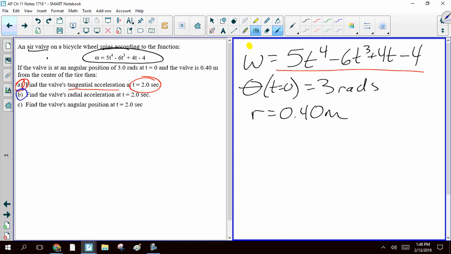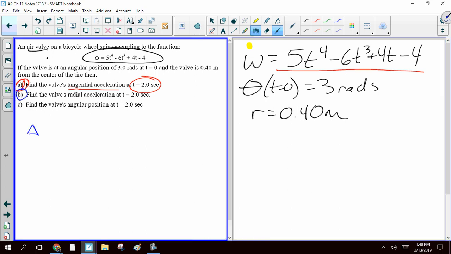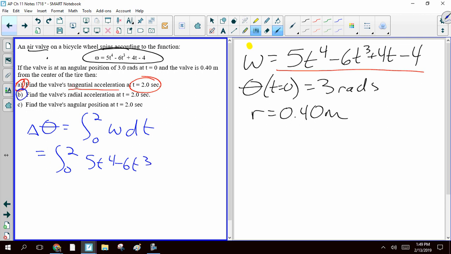Let's find the change in angular position during the 2 seconds. So change in angular position is the integral from 0 to 2 of our angular velocity with respect to time. So that's the integral from 0 to 2 of 5t to the 4th minus 6t cubed plus 4t minus 4 dt.